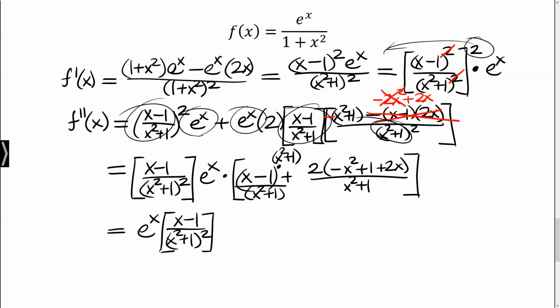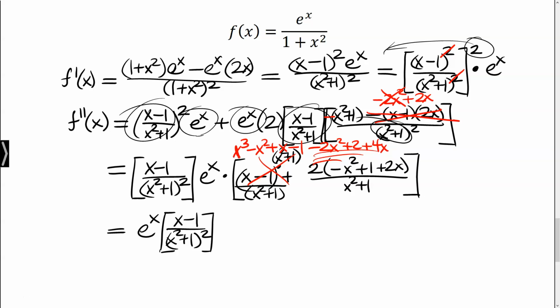That's going to make x cubed minus x squared plus x minus 1. And then we've got, if I distribute the 2, minus 2x squared plus 2 plus 4x. Okay, so let's put all that together.